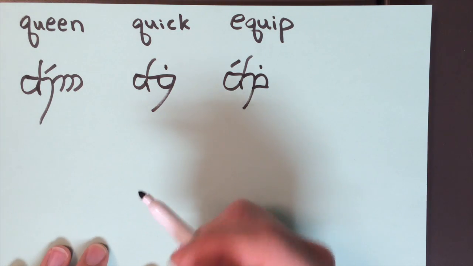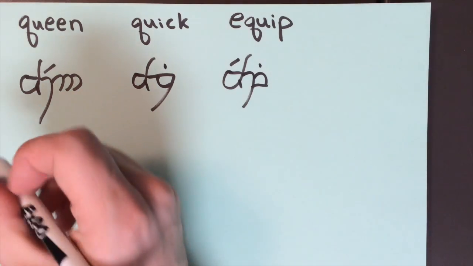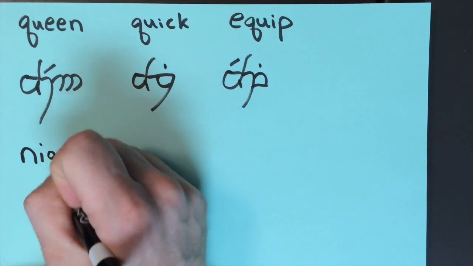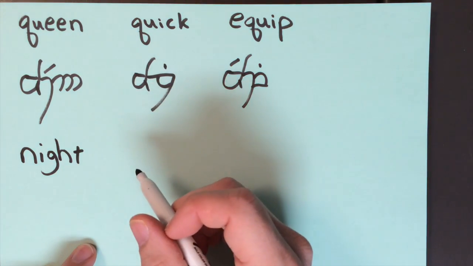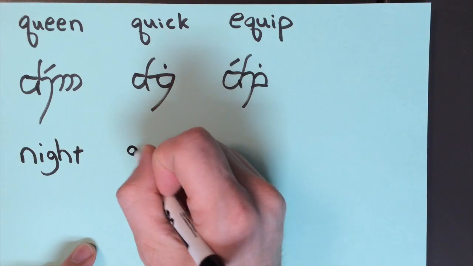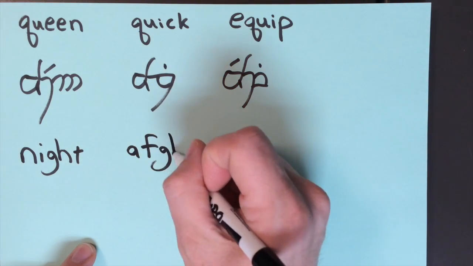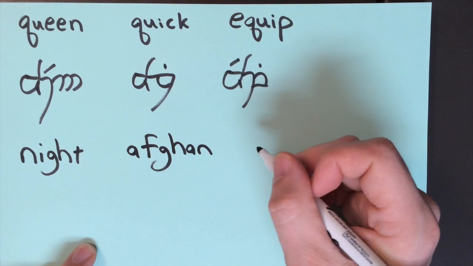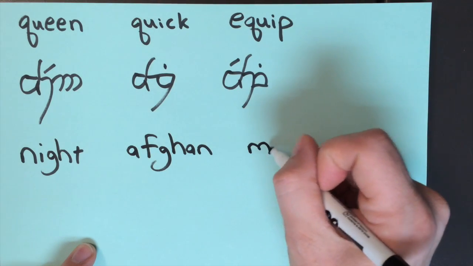Next thing we're going to do is the GH. So we're going to learn how to do night, Afghan, and mighty.